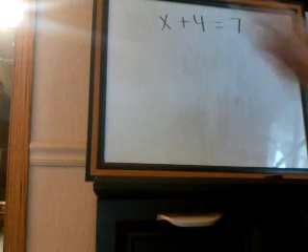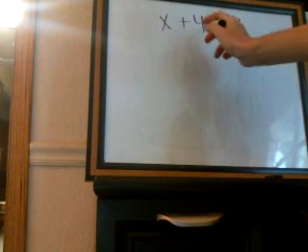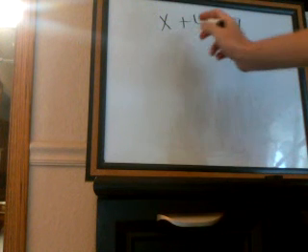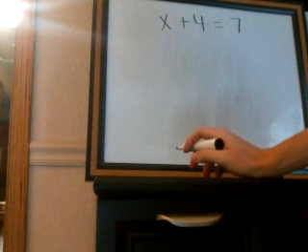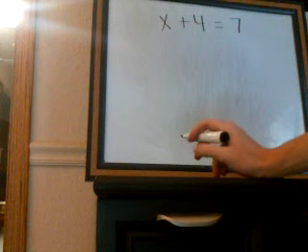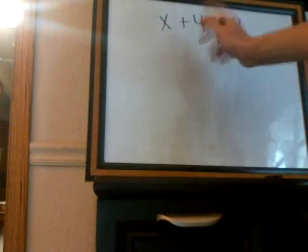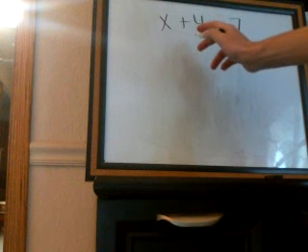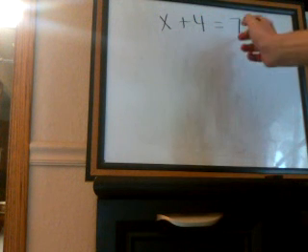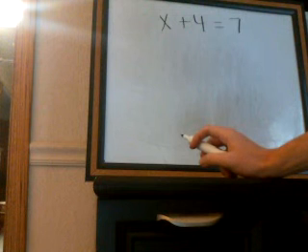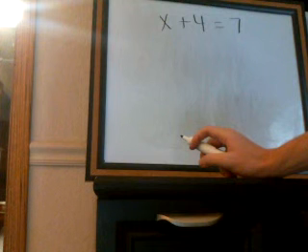That means that we know that the total amount that x plus 4 equals on the left side is 7. So if we subtracted 4 from the left side and 4 from the right side, we would still have the same total amount on both sides. And how do we find out what x equals?